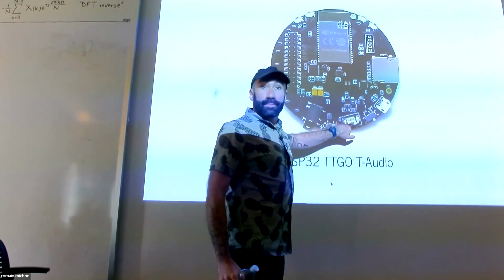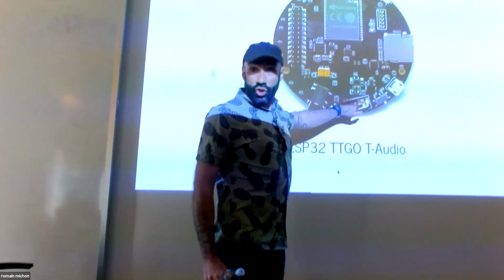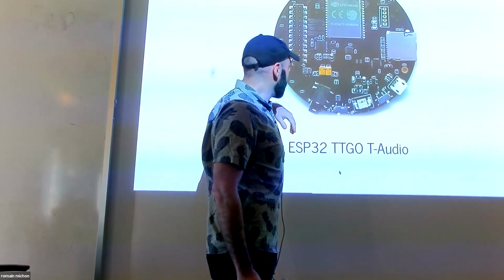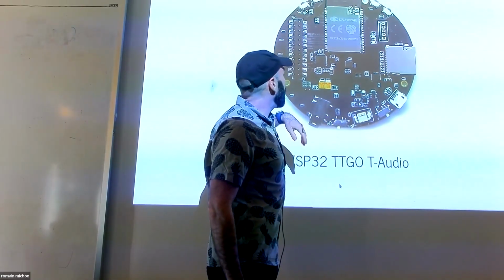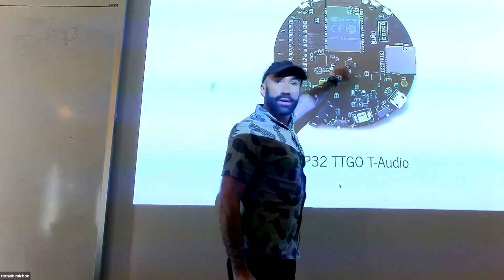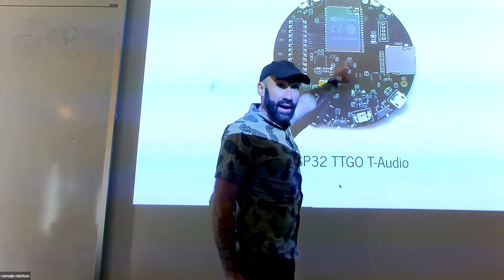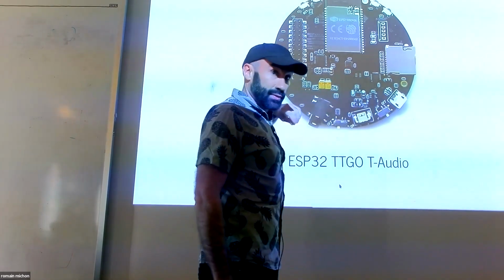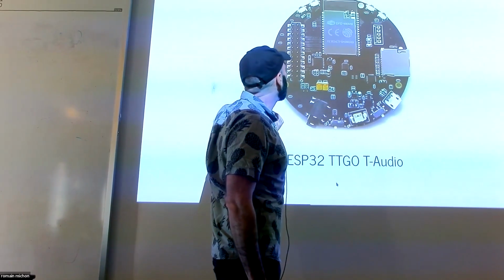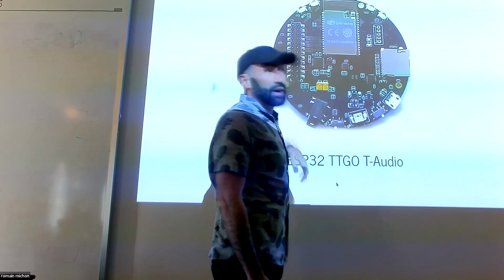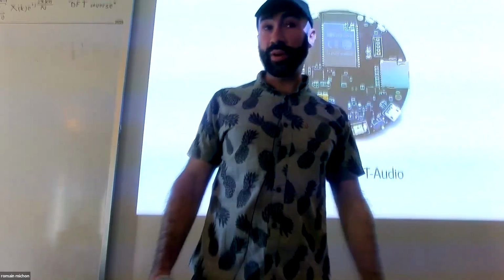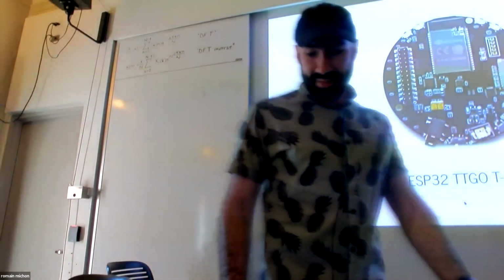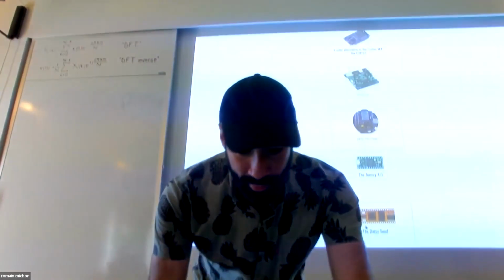You can plug a lithium battery, and there is a charger built in for the lithium battery, which is pretty cool too. The audio chip on it is very high quality. It's the same as the iPhone, so it's a very, very high quality audio chip, and Wi-Fi, Bluetooth, $20. It's pretty amazing.